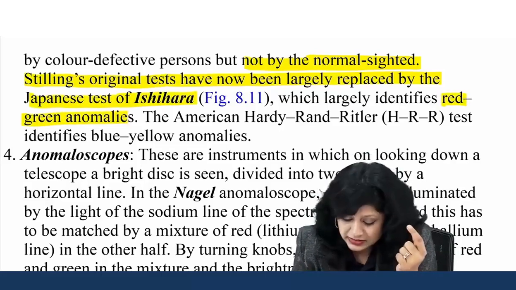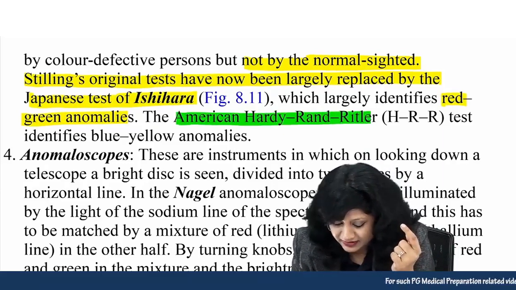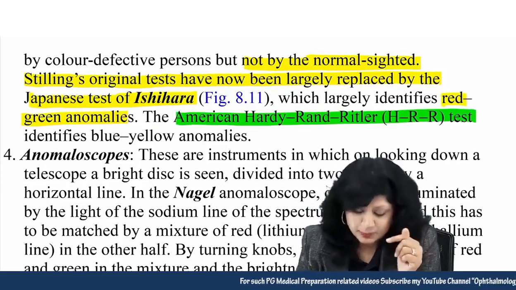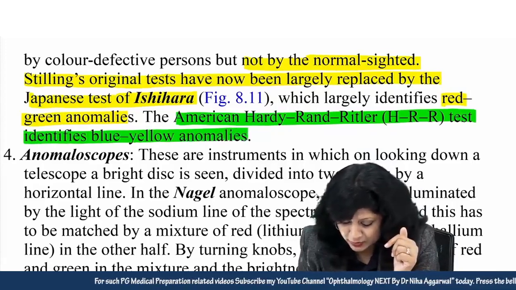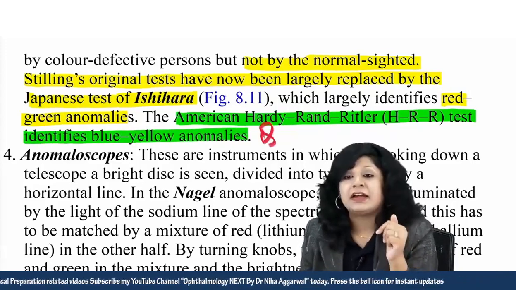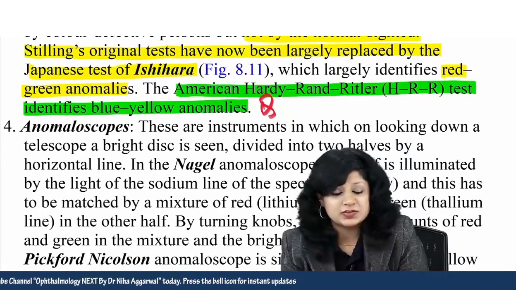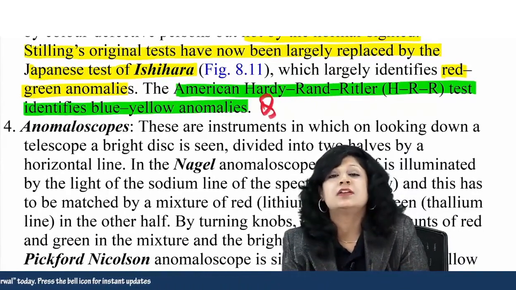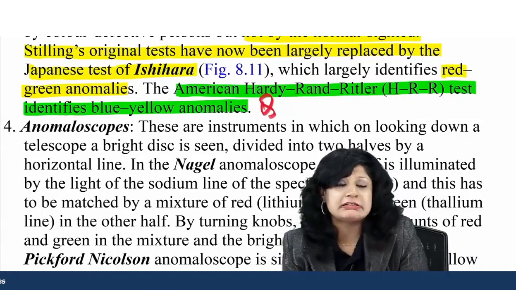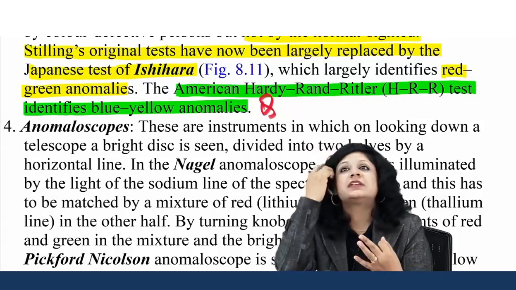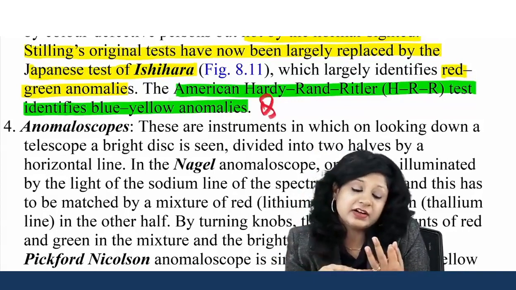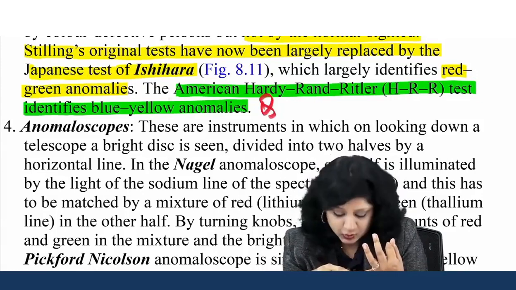Then we have another test called the Hardy-Rand-Rittler test, which is also an isochromatic chart, and it identifies the blue-yellow anomalies. So they can ask you the names of isochromatic charts, their principles, and what defects they detect. Ishihara's detects red and green, while Hardy-Rand-Rittler is mainly for blue and yellow.